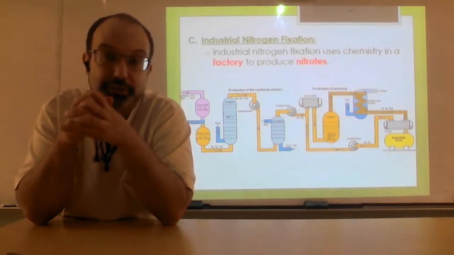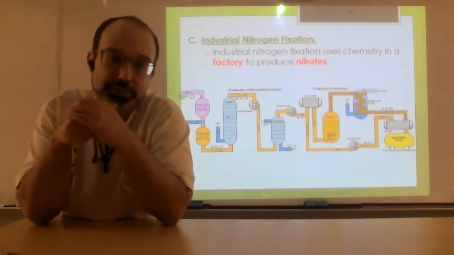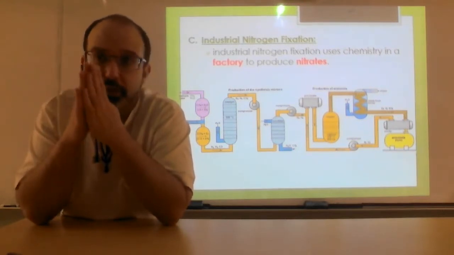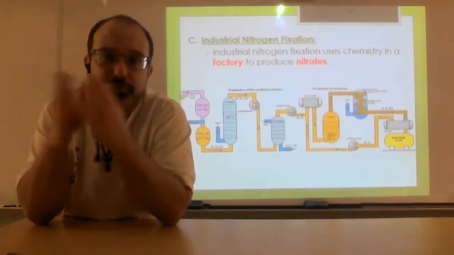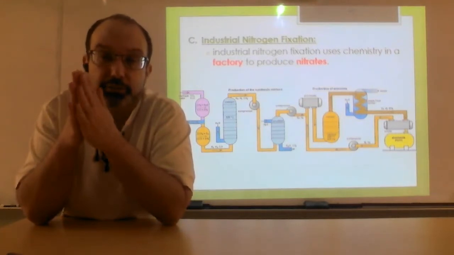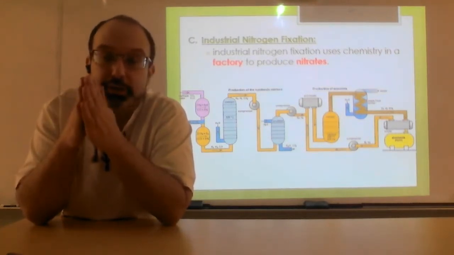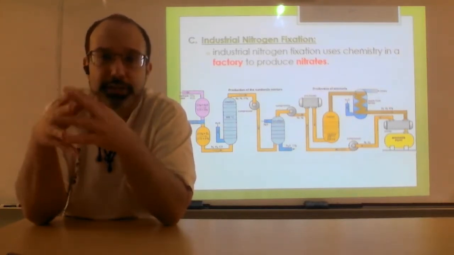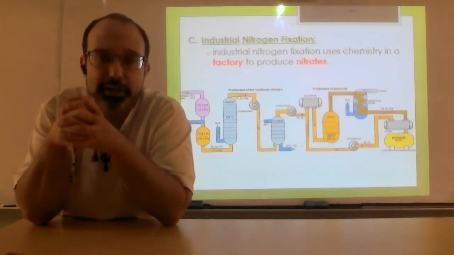Before this process, and the reason he invented this process was because during the war, Germany was cut off from the shipments of guano, which is bat poop, that were coming from South America, which was used as a fertilizer in most farms. Animal manure has a lot of nitrates in it.